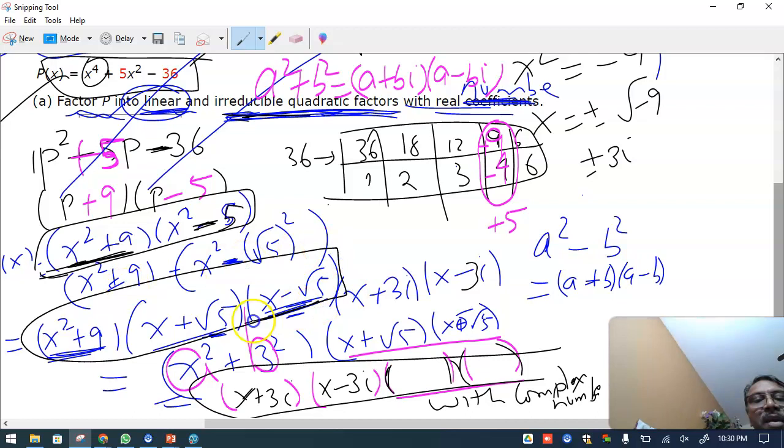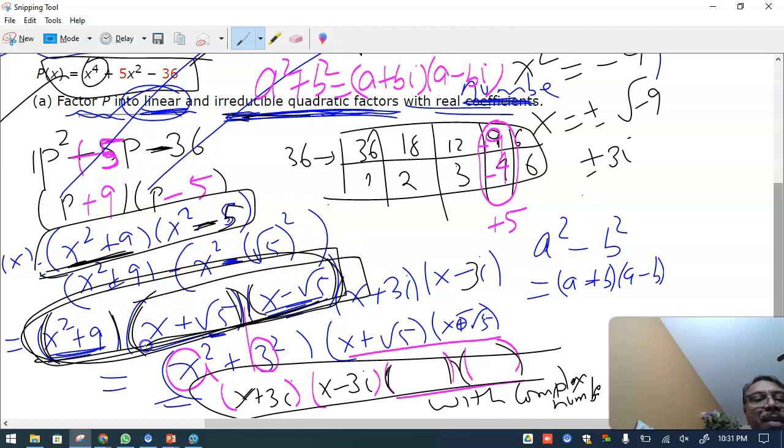So this is the right way: these are the factors with real zeros, and this is irreducible. So these are the real factors, and this is irreducible.